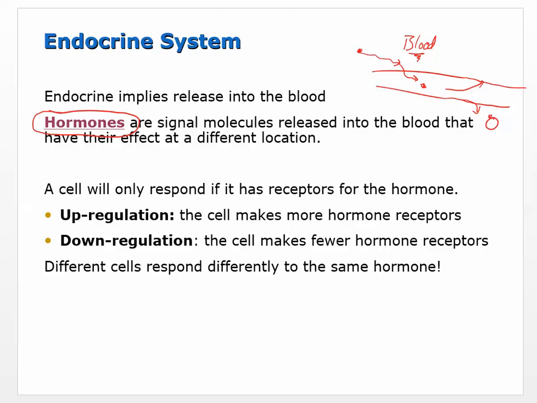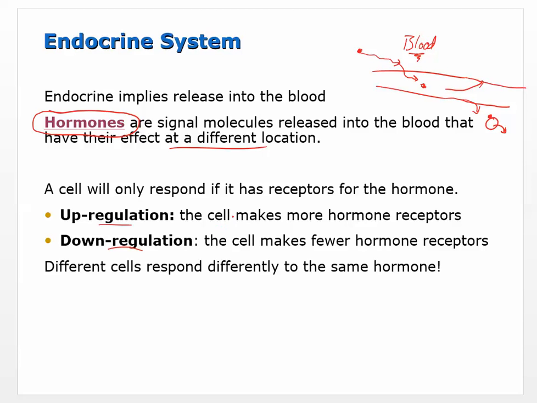So if this particular cell here has a receptor for the hormone that was released, then that will have an effect. So endocrine implies release into the blood, and hormones are the signal molecules released into the blood that have their effect at a different location. A cell will only respond if it has receptors for the hormone, and sometimes you can have upregulation or downregulation of the receptor.